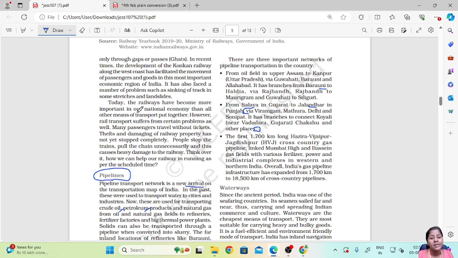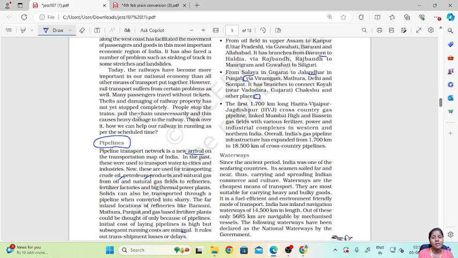Then the 1700 kilometer long Hazira-Vijaipur-Jagdishpur, that is the HVJ cross country gas pipeline, linked Mumbai High and Bassein gas fields with various fertilizer, power and industrial complexes in western and northern India. Overall, India's gas pipeline infrastructure has expanded from 1700 km to 18,500 km of cross country pipelines.